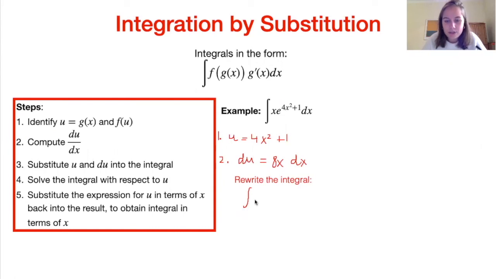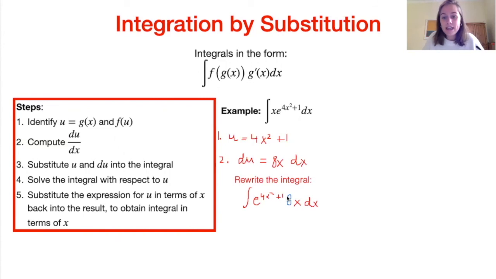So what we want is we want there to be an e to the power of 4x squared plus 1. What we had originally was just x dx, but what we'd ideally want is there to be an 8 in front of that x, right? If we had an 8 there, we would have absolutely no problems at all solving this integral, but we don't, and we cannot just put it in there because it's going to change the value of the integral, right?